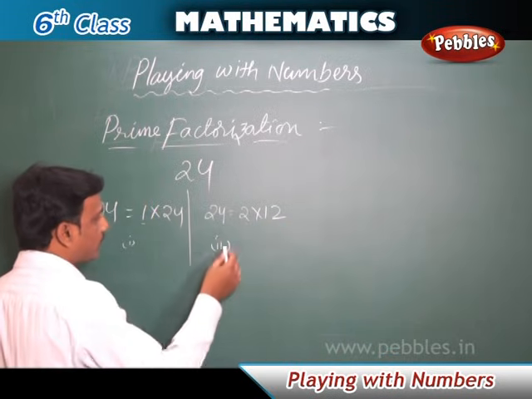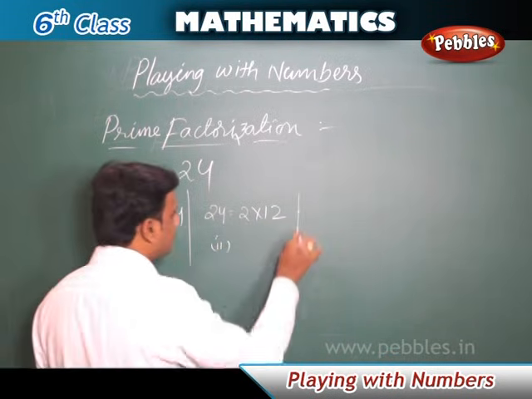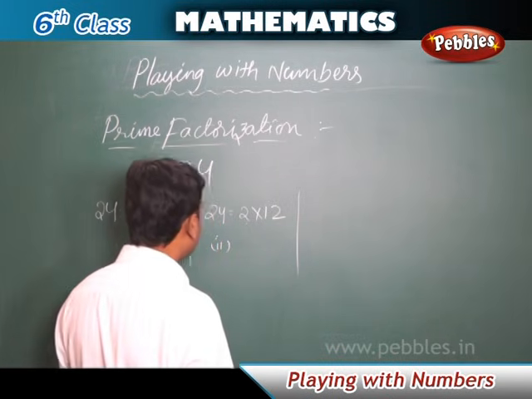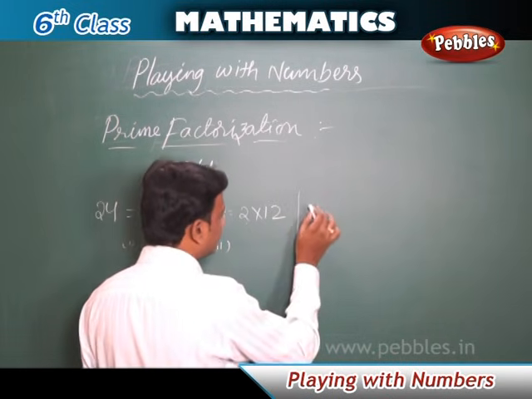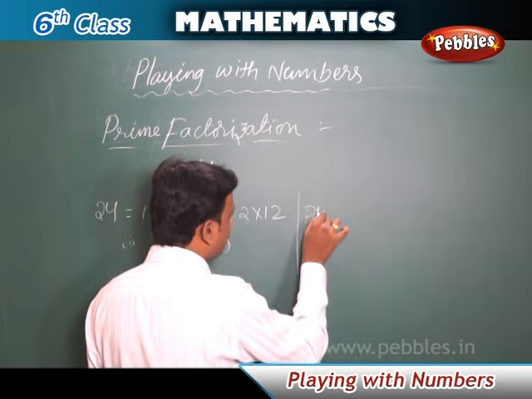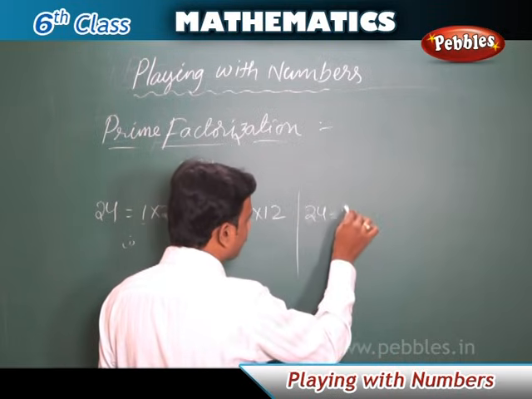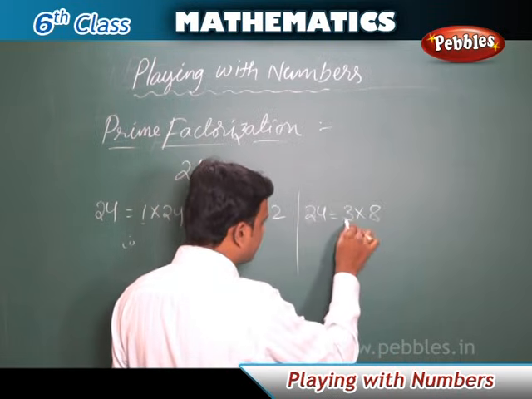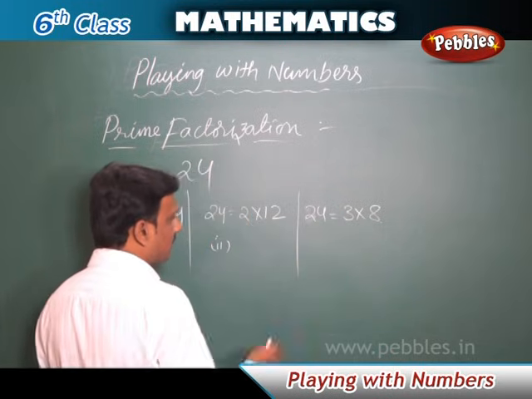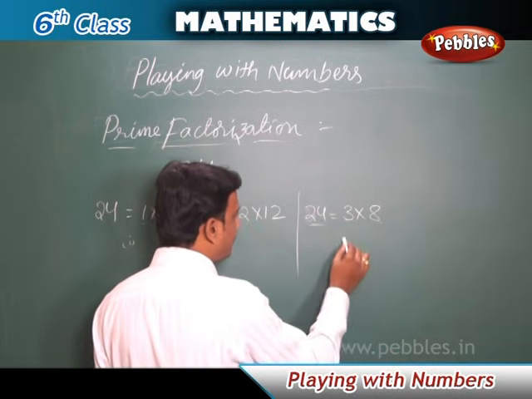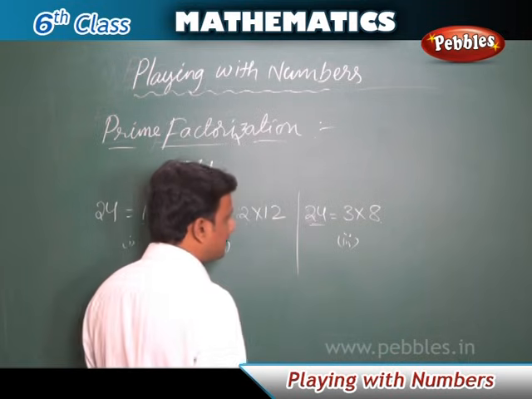So we have written 24 as a product of 2 and 12. Now we take the third instance, 24 is equal to 3 into 8. 3 eights are 24. So here we have written 24 as a product of 3 into 8. This is the third way.